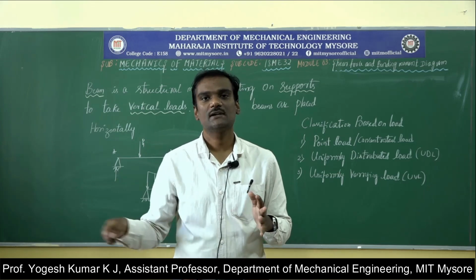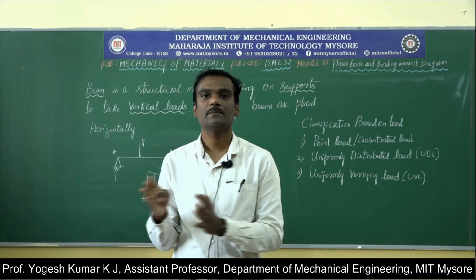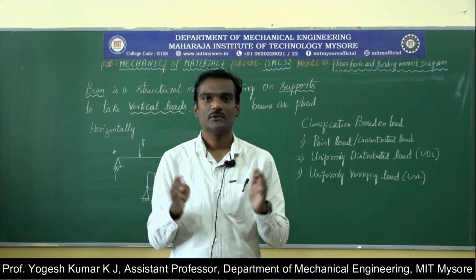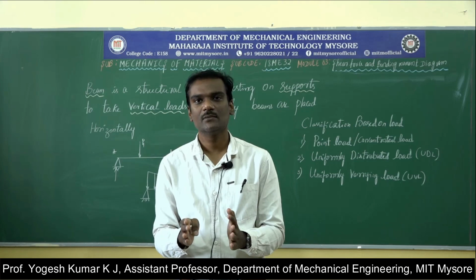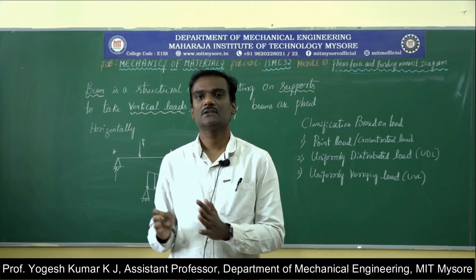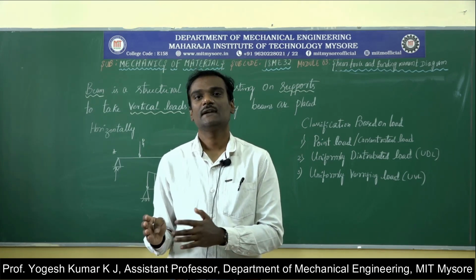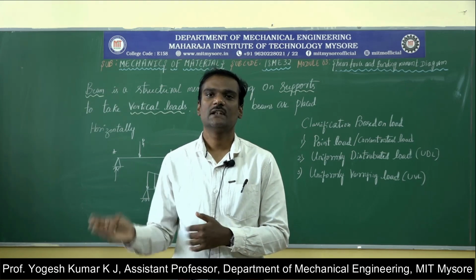This is how the entire chapter goes, but we should move in a stepwise manner. First we will restrict ourselves to determining the force and the bending moment in the first part of the module. Once we are done with that, the second part of the module is determination of bending stresses and deflections, which we will see later.